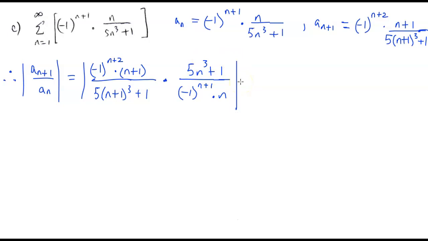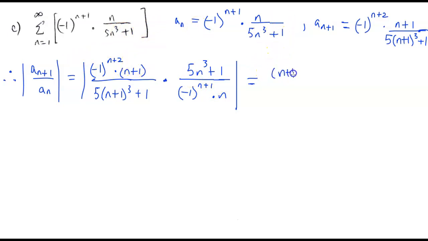If we take the absolute value, all these terms except for the negative 1 raised to the n plus 2 and negative 1 raised to the n plus 1 may be negative or positive, so we strip those out.